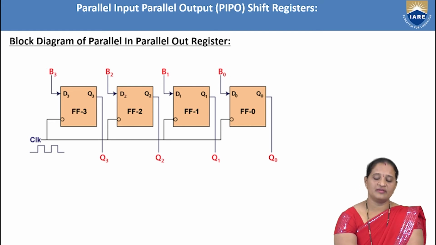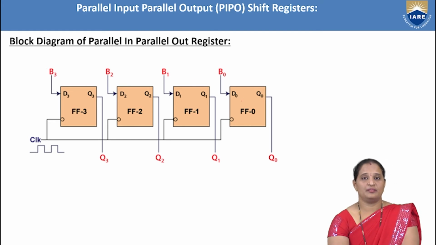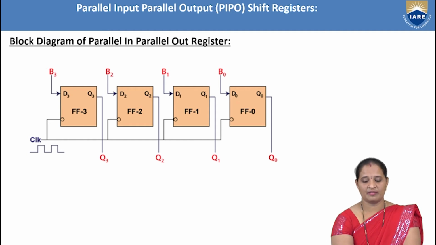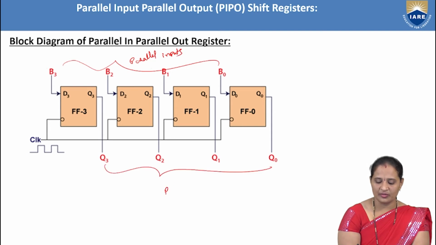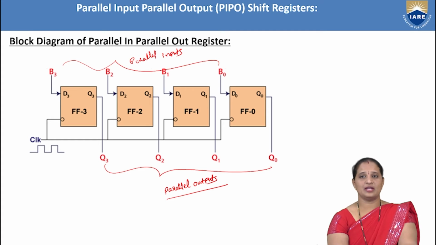That means all the flip-flops are loaded with binary data parallelly at a time. So these are the parallel inputs, and we can also read the data parallelly by using these parallel outputs.